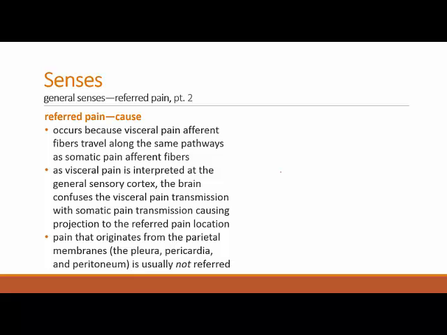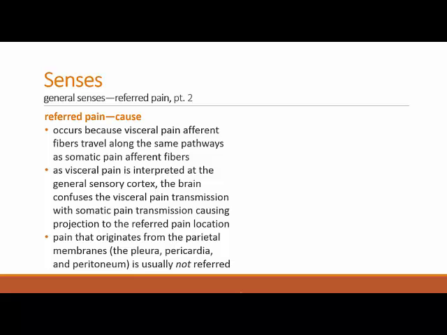And it occurs because the afferent fibers that are carrying visceral pain travel along the same pathways as the somatic pain afferent fibers that are bringing in information about somatic pain. And sometimes, in these kinds of cases where referred pain occurs, the brain confuses these visceral pain transmissions with somatic pain transmission.